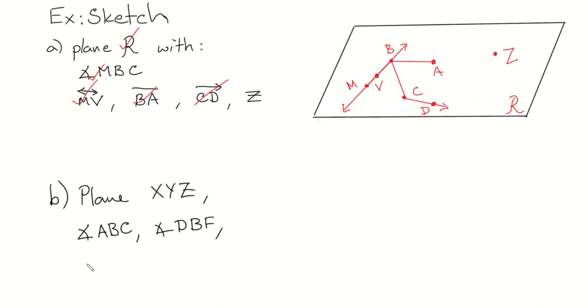I want you to have, I don't know, a ray. Let's call this XQ. And I want this thing, whatever it is, we're going to say that this is segment AL. I want you to draw me plane XYZ, angle ABC, angle DBF, ray XQ, and segment AL.